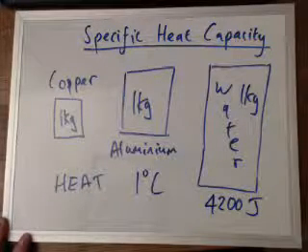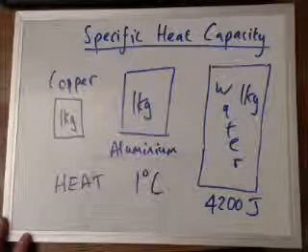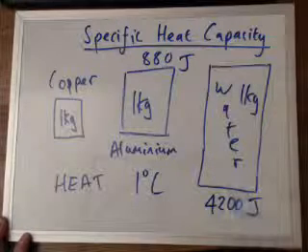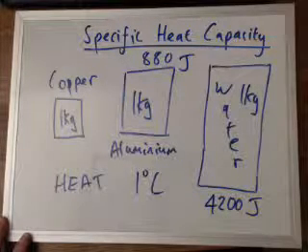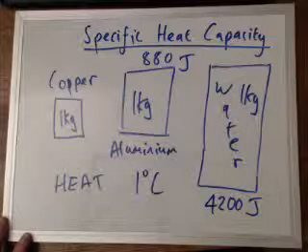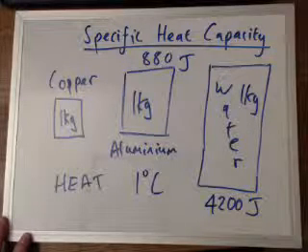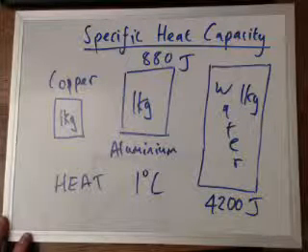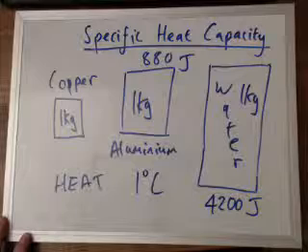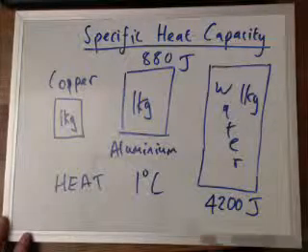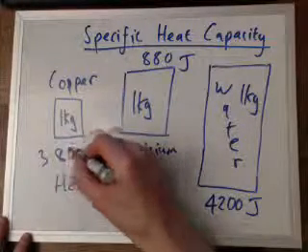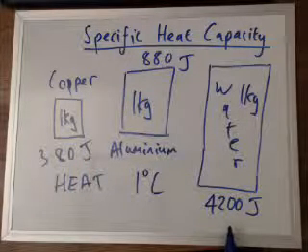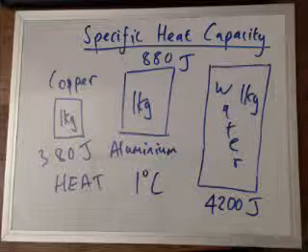To raise a kilogram of copper by 1 degree C is 880 joules, and to raise a kilogram of aluminium by 1 degree C is 880 joules, and the energy required to raise a kilogram of copper by 1 degree C, or 1 Kelvin, it's exactly the same thing as a temperature difference, is in fact 380 joules. So you'll see that by far it takes most energy to heat up a kilogram of water.